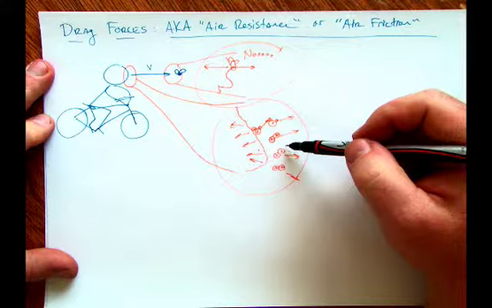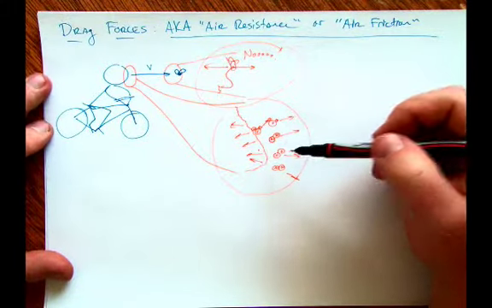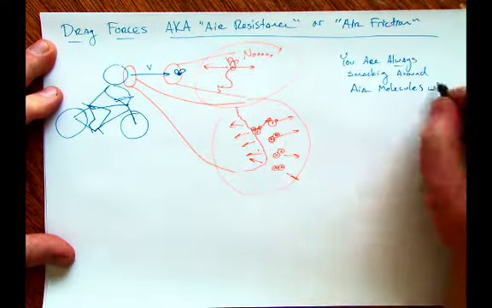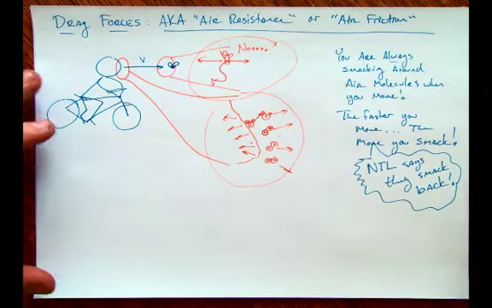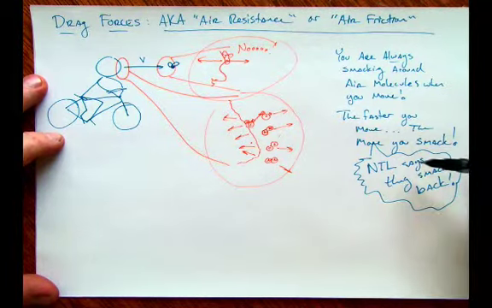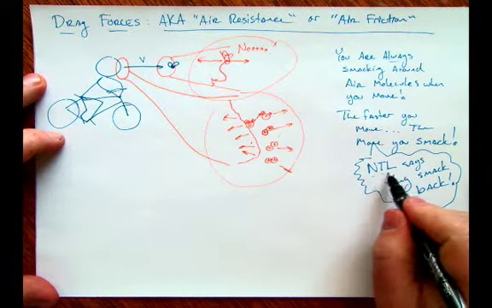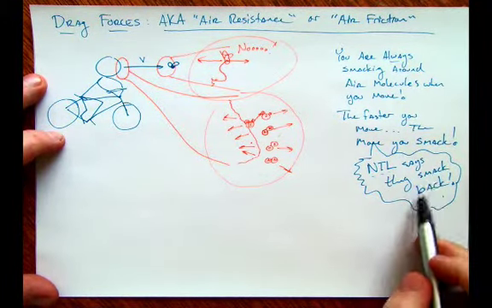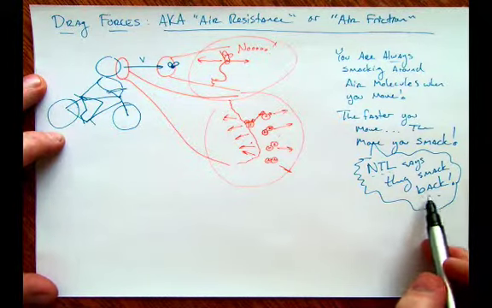And for every little molecule you push, it pushes back and it can slow you down. So you're always smacking into these air molecules and they smack you back by Newton's third law. Newton's third law says that as you smack them, they smack you back. And that can have an impact over time.